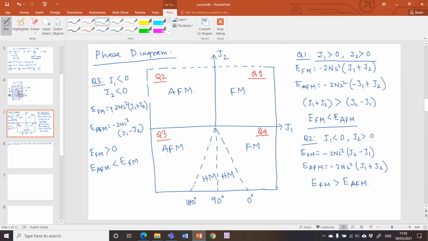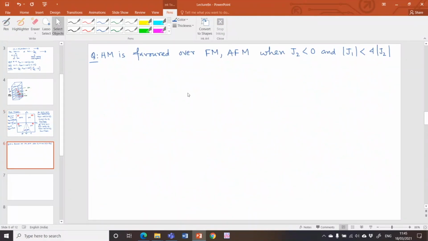Of course, we have to leave this cosine theta part away. Similarly, you can do it for Q4. So that way you are getting whatever we are basically writing here. Now come back to this part and then you do it.